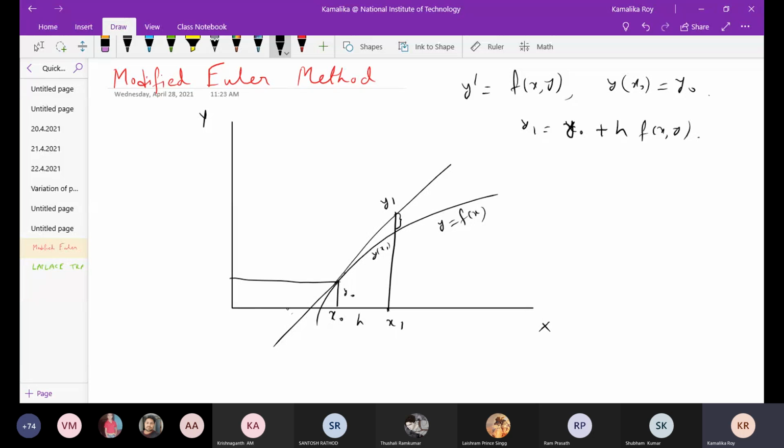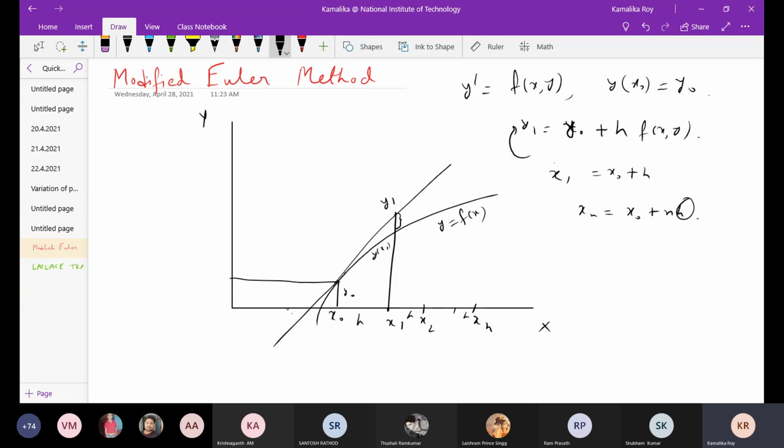So what will we do in the modified Euler method? Suppose you want to derive xn. First we divide it into equidistant points, all separated by h. So xn is x0 plus nh. For applying the Euler method we already know h, so we know x1 is x0 plus h.